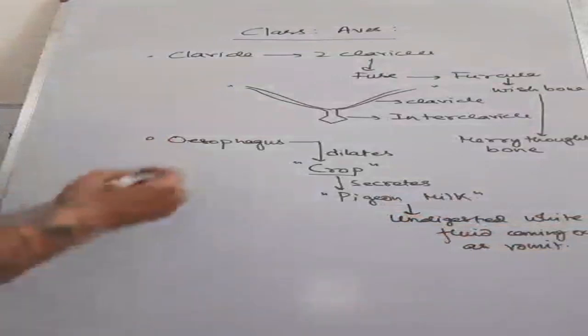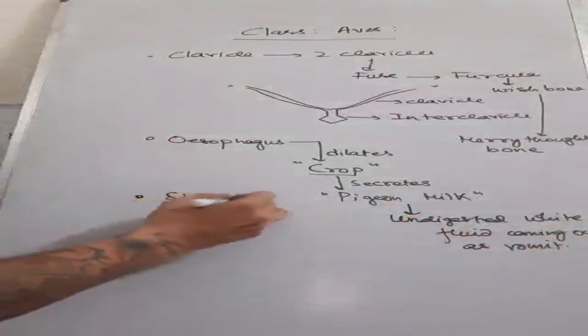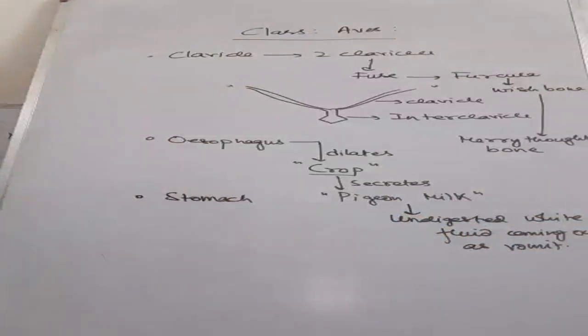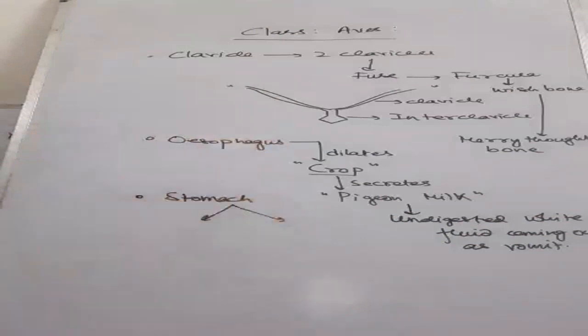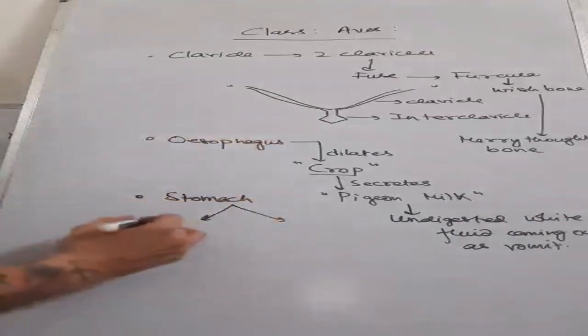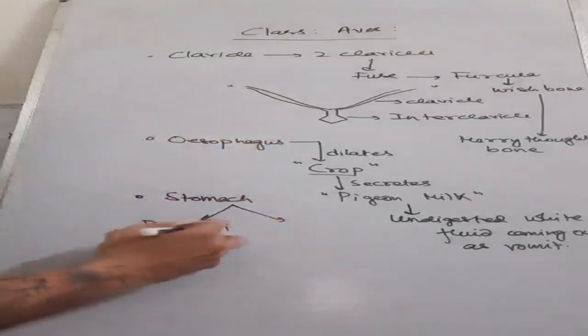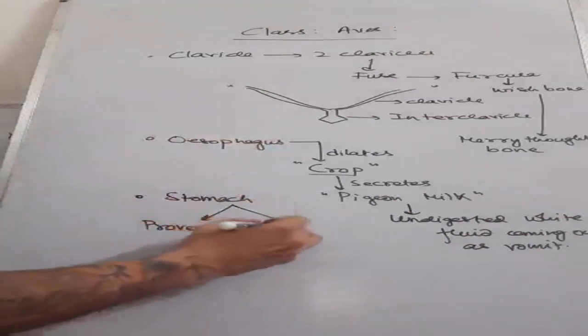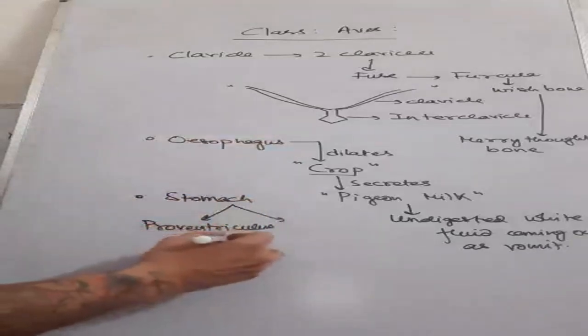Now we will talk about the stomach. After the esophagus, what comes? The stomach comes. Now their stomach is divided into two parts. What are the two parts? The first is known as the proventriculus. This proventriculus is glandular in nature, that means it is secretory in nature.